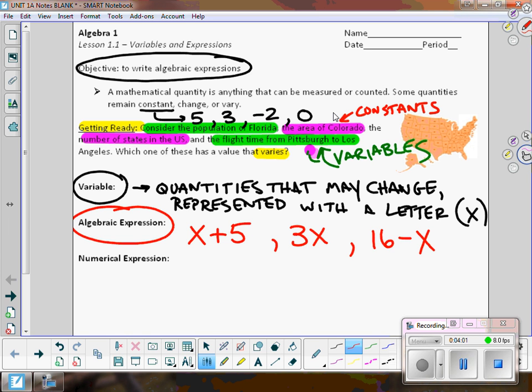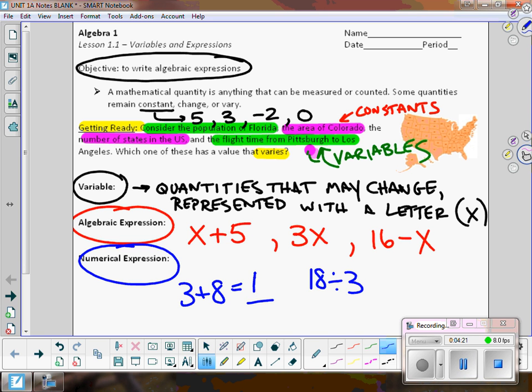A numerical expression would be an expression with all numbers, like 3 plus 8, or 18 divided by 3. Those are numerical expressions, and you can actually do something with those. We can add 3 and 8 and get 11. We can divide 18 by 3 and get 6. So numerical expressions, you might have some work to do, versus algebraic expressions, you just sort of leave them like that.